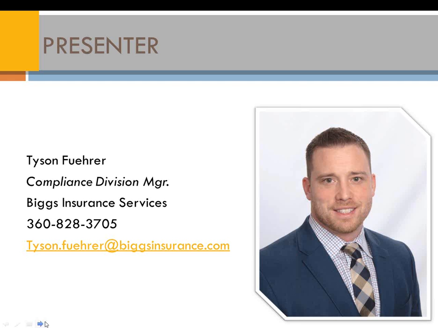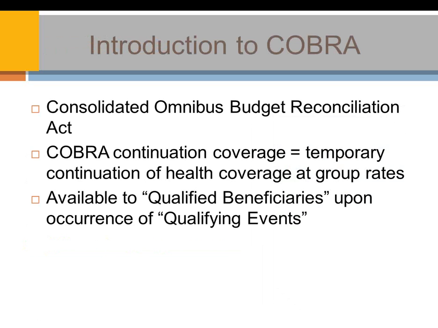I'm going to get started here and talk a little bit more about an introduction to COBRA. COBRA was started in the late 80s. It came as a bill signed by President Reagan. It was built to be a continuation of coverage, basically trying to help people bridge the gap between two coverages. In fact, the main reason that it was generated was that back at that time, there wasn't any continuation coverage available to, say, spouses or children in the case of a divorce.